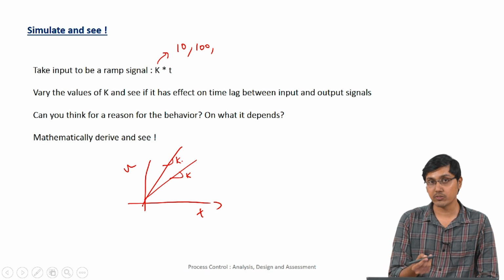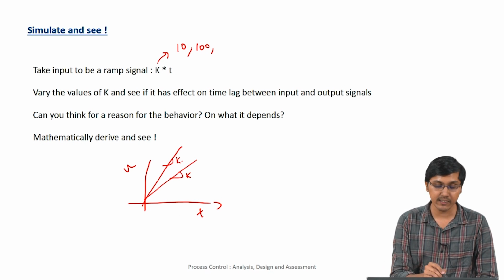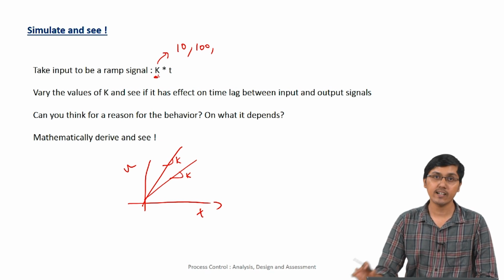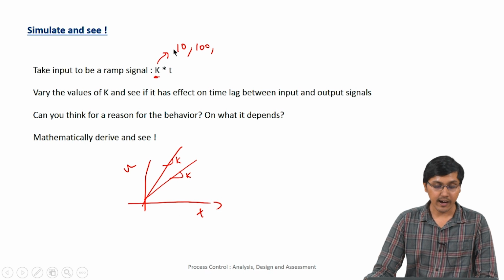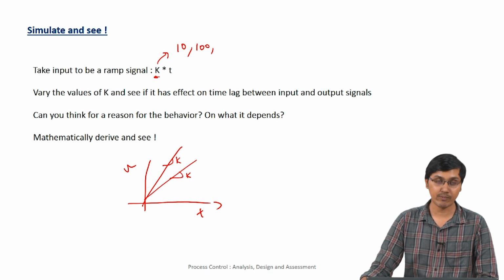First see if the output is following the input, and if it does, see after what time it follows the input, and whether this k has some effect on the time lag between these two signals. Also mathematically derive a ramp response for the first order system, and check that whatever you observed is correct based on the maths that you have derived.